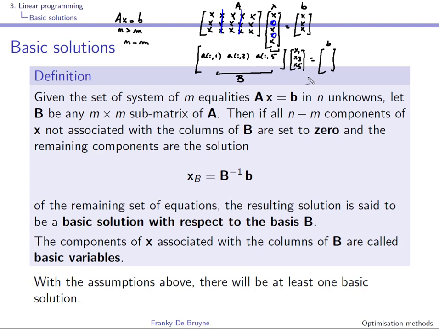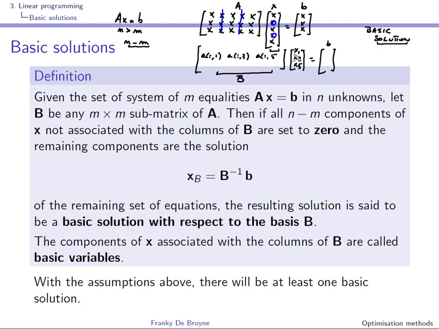This type of solution where we fix n minus m variables to 0 and we solve the underlying system Bx is equal to b is called a basic solution, right?